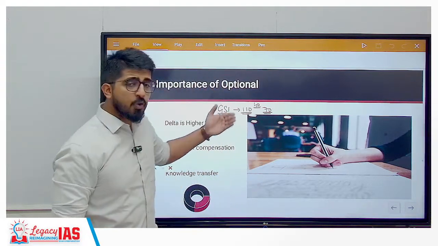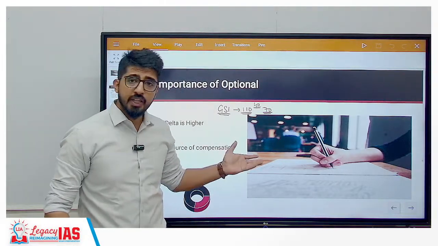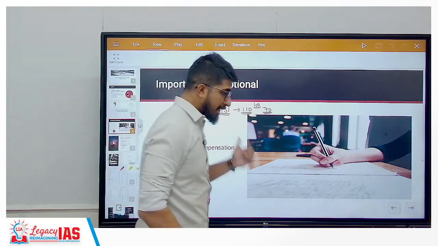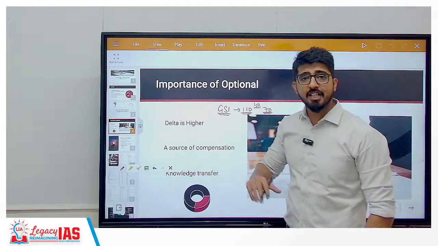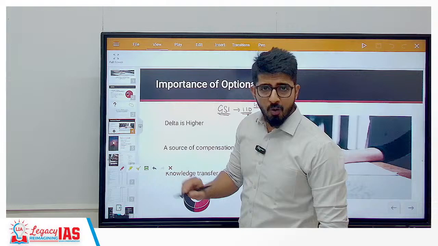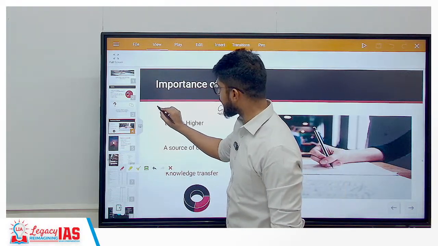So the delta for almost every other subject out of 250 would be 40, 45-ish. But when it comes to the optional subject, in each paper, the delta is very, very high. A person who has chosen any optional for that matter, the high score can be as high as, let's say, 180.